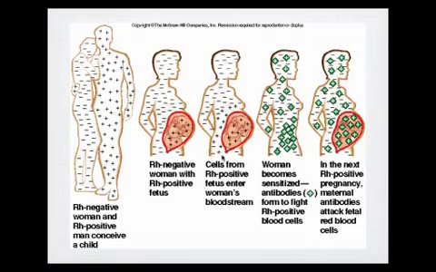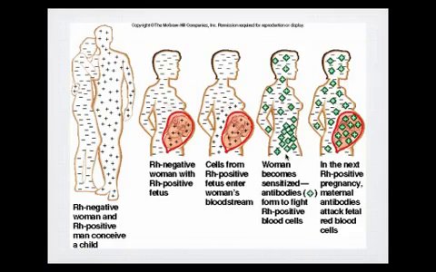She will carry this fetus and not actually see the Rh antigens herself until birth, because that's when there's hemorrhaging involved, and the blood of the mother and the baby will mix for the first time. At that point, the woman becomes sensitized, and that's what these little guys represent. She will now make, for the rest of her life, antibodies against the Rh antigen.